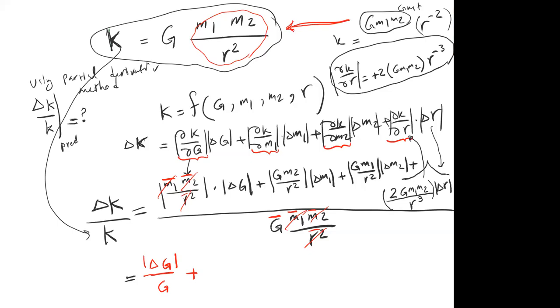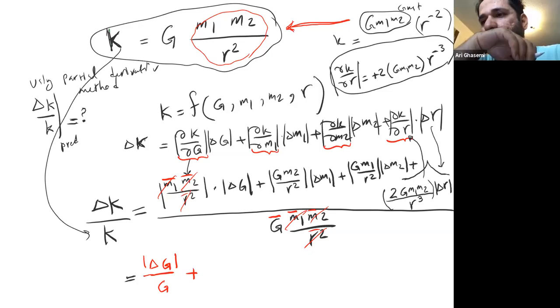Is it M1 times delta M1? The delta M1 is on the top. So for the second one, this will cancel with this: M2, R squared, and G cancel.